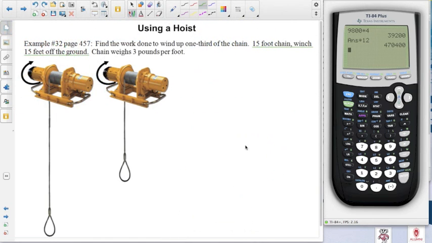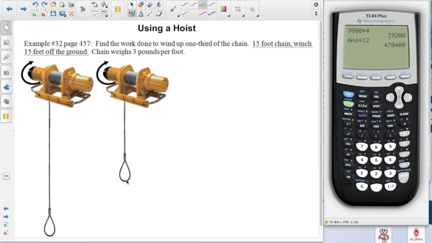In this example, what we're doing is using a winch or a motor with a drum on it to wrap up cable and raise this cable up from down here to up there.